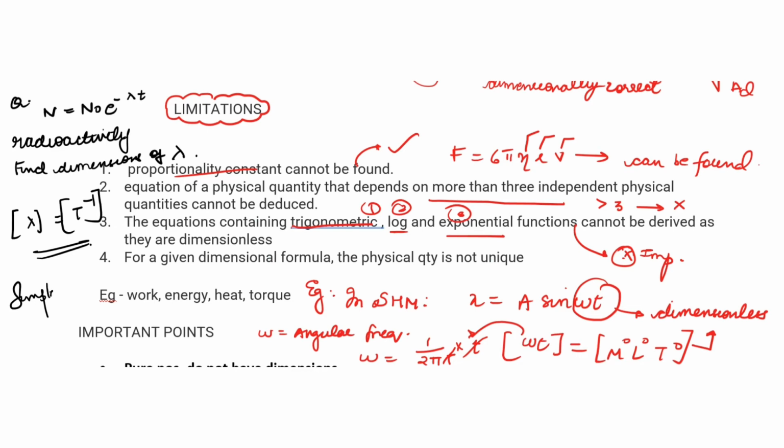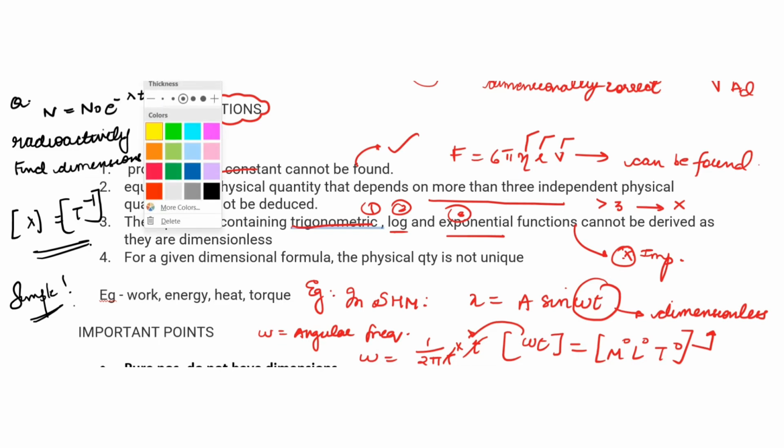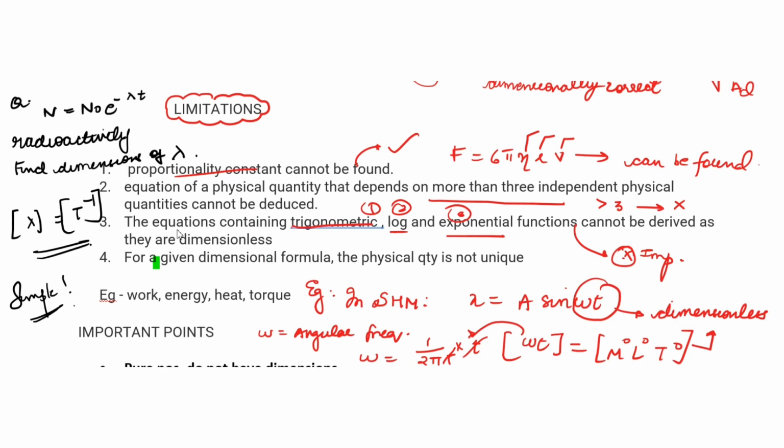Okay, next we move on to the fourth point, which says that for a given dimensional formula, the physical quantity is not unique. This means that for one particular dimensional formula, there can be more than one physical quantity. I'll give you an example.